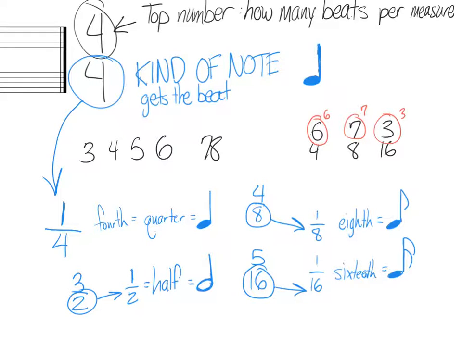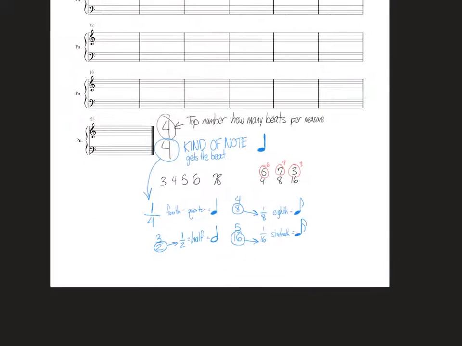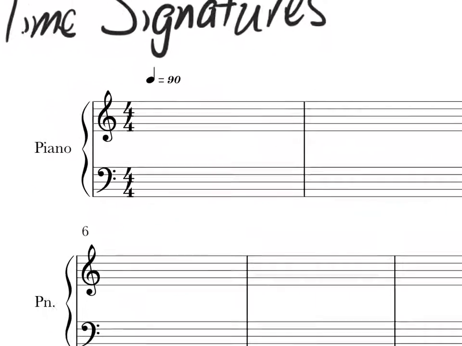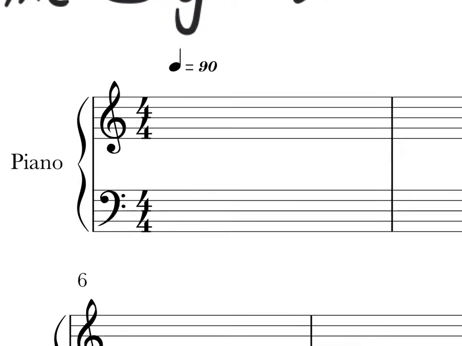So in your assignment, you will be asked to look at time signatures and figure out what they mean. Decide what note gets the beat and how many beats are in a measure. So we'll do a few of these up here on the staff. Starting with 4/4.